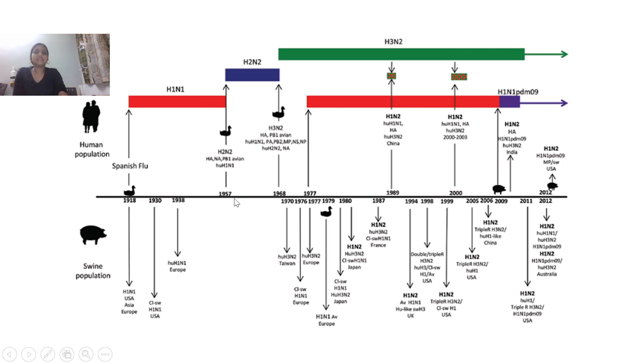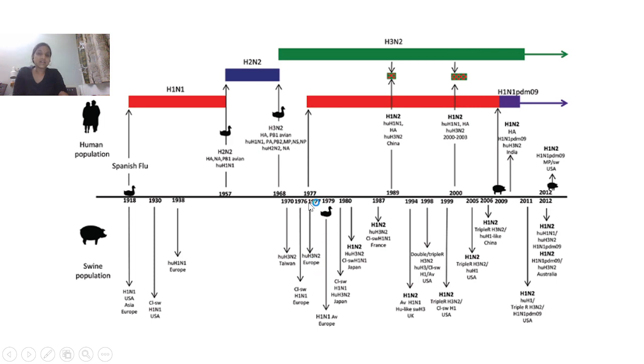Then H3N2 caused disease in 1968. Here you can see it is a different subtype of HA, and it was also caused by avian influenza virus. Then in 1970, in Taiwan, H3N2 caused some epidemic. Then again H1N1 in Europe in 1976.